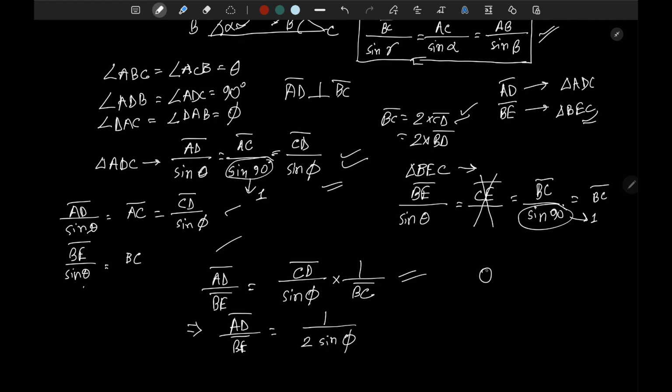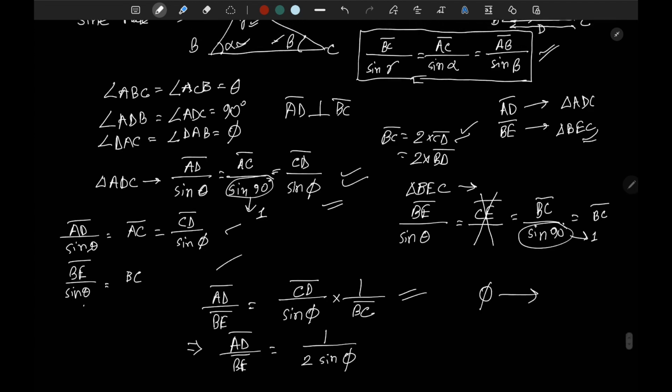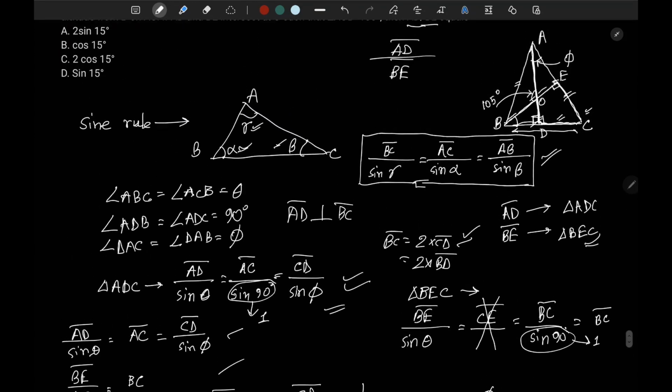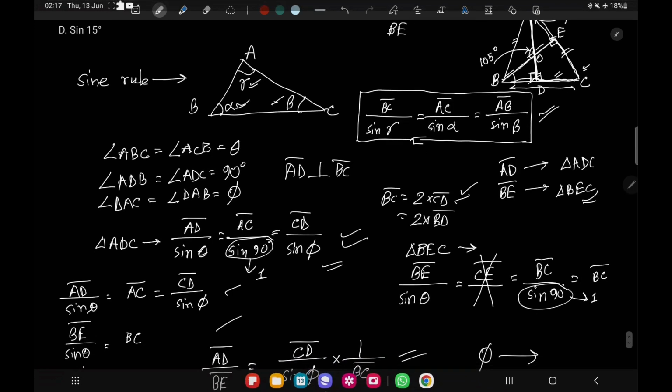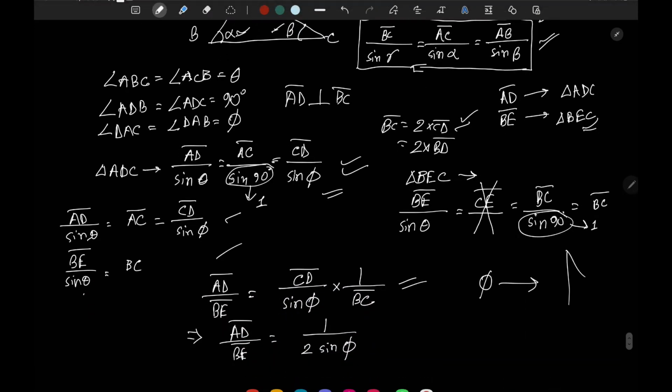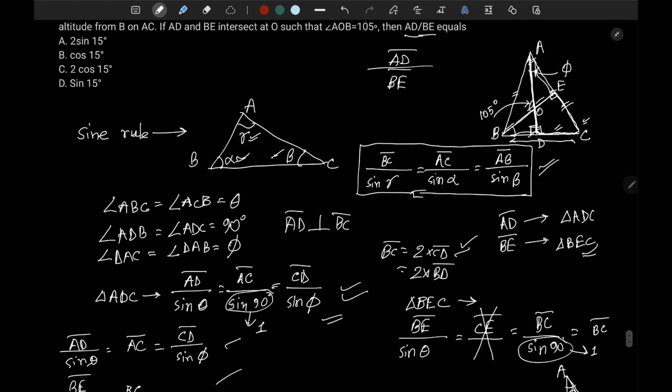Now what is the value of phi? Let's look at the picture again. This was our phi, right? This particular angle was phi. So look at triangle AOE. Let's draw this here again. This is O, this is A, and this is E. This was your phi. This is 90 degree. And what is angle AOE? Let's look at the original picture.